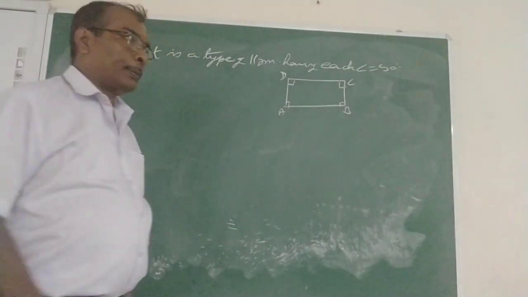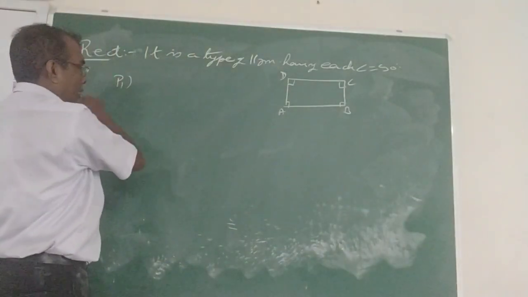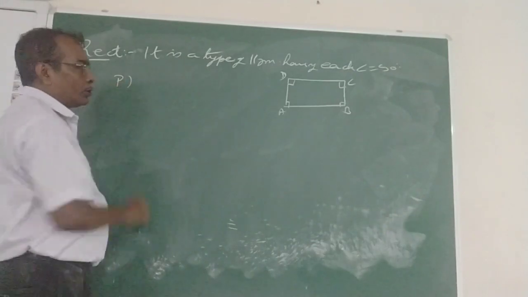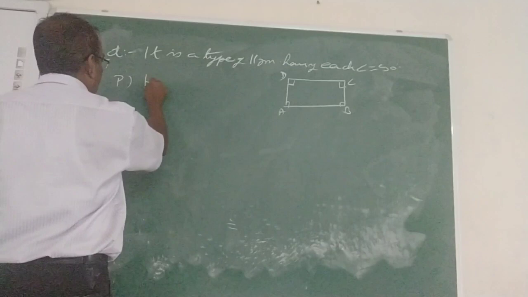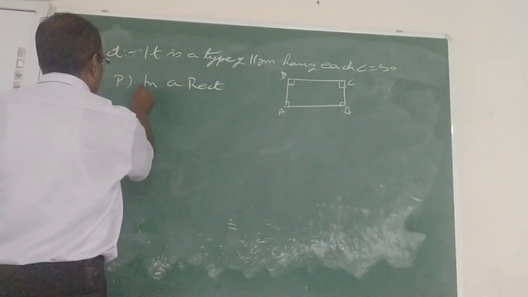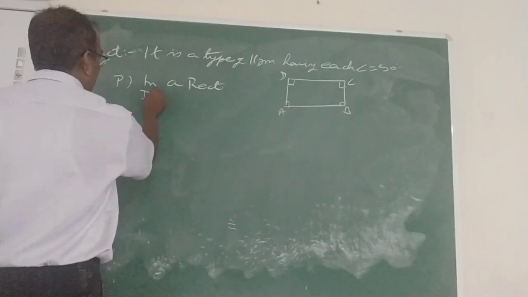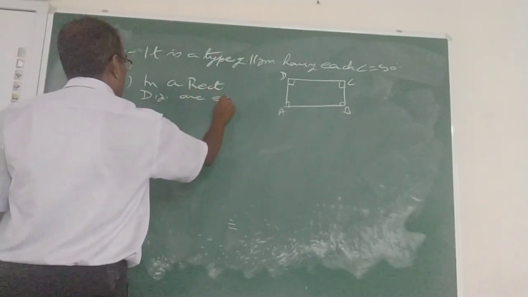Now in a rectangle, one more property is there, property number 1. In a rectangle, diagonals are always equal.